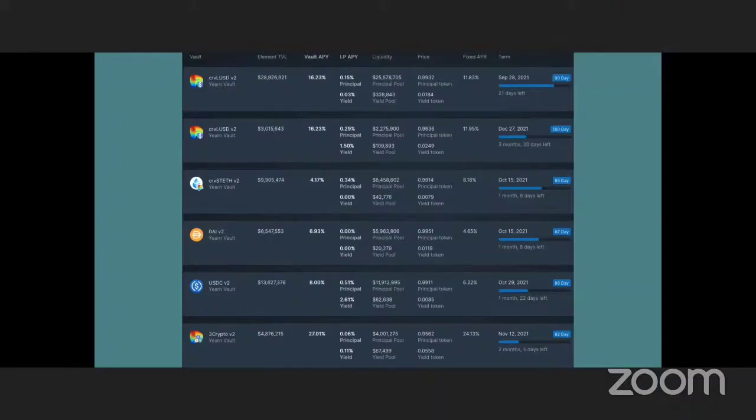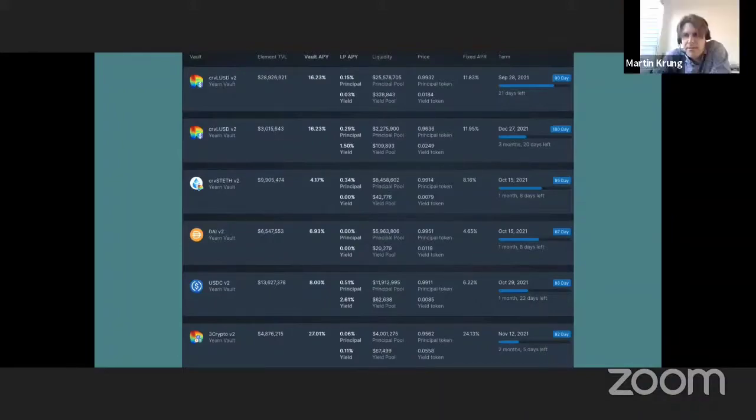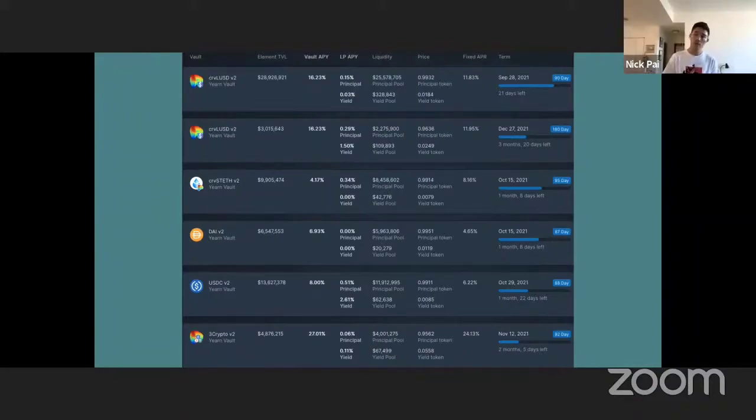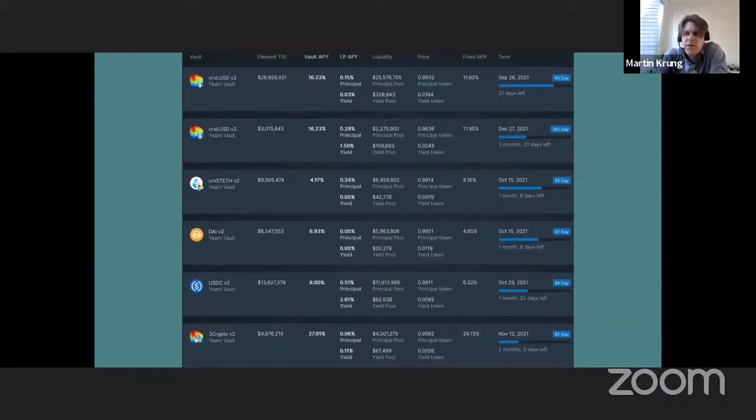I only know Barnbridge protocol. Is this the same, or is it different? It's pretty similar, I would say. It's a way to slice investments into different tranches. Maybe it's different because there you just give in dollars or the stable coin, and then they do it in the background for you.